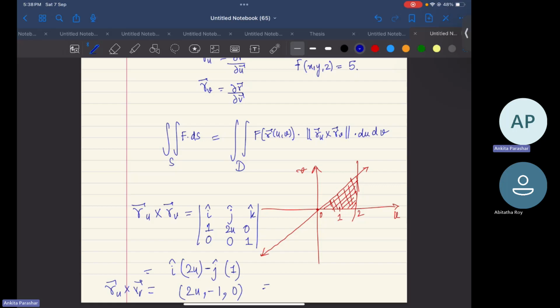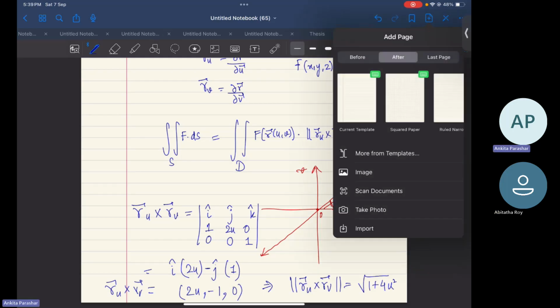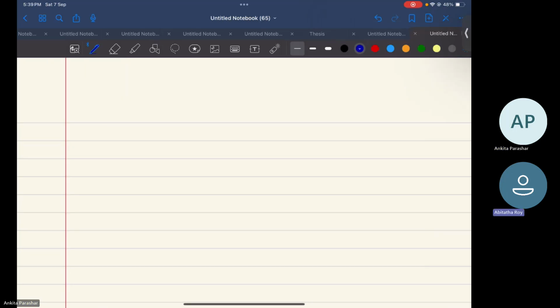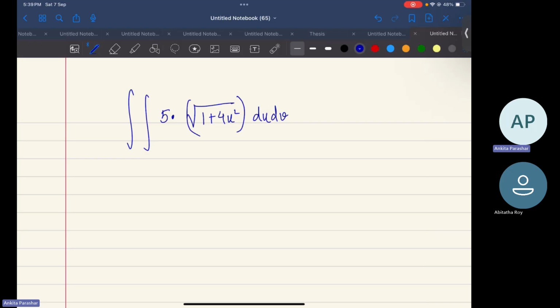So now if we try computing the norm of it, what would that be? The root of 4u square plus 1. Yes, it's 1 plus 4u square. So we have the integration of 5 times your norm, which was 1 plus 4u square, and then du dv is the area of the region.